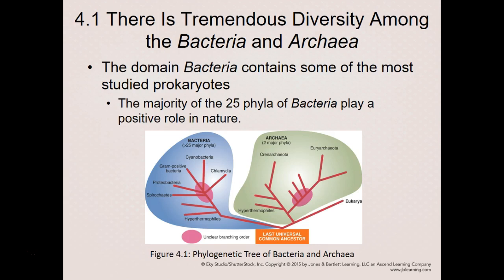There are millions of bacteria and archaea that fall under the domain bacteria and archaea. And within bacteria, we have a lot of different phyla of organisms. In archaea, we have basically 2 phyla of organisms.